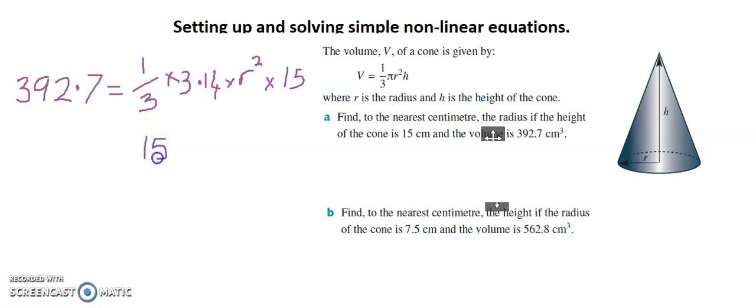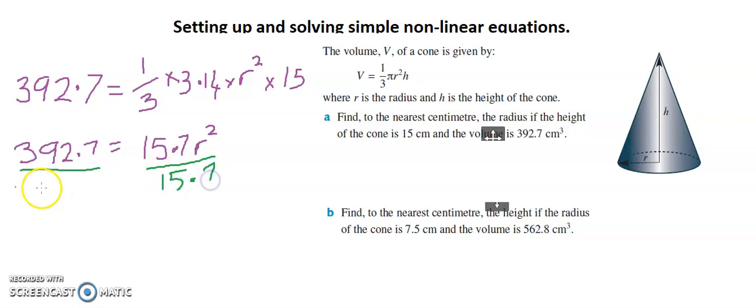That leaves us on our right hand side with 15.7 r squared, and we've got 392.7 on the left hand side. The next thing we need to think about is we need to get rid of 15.7 because everything is timesing by it, so we divide by it to get r by itself. So we divide it all by 15.7.